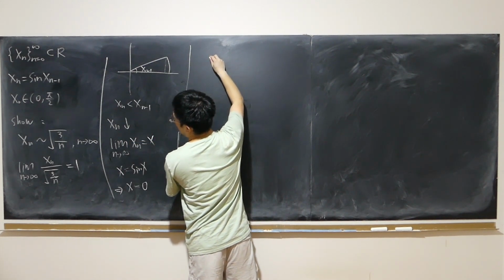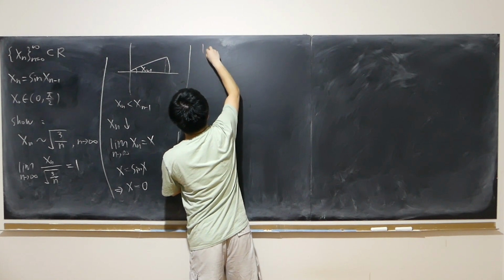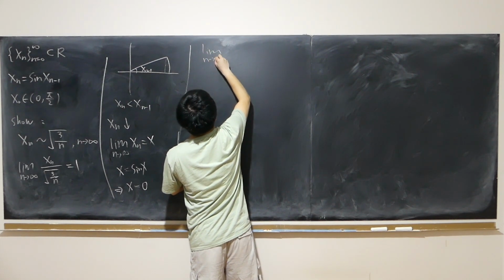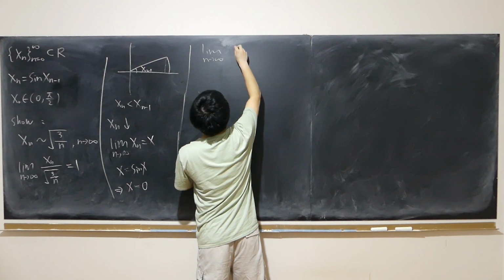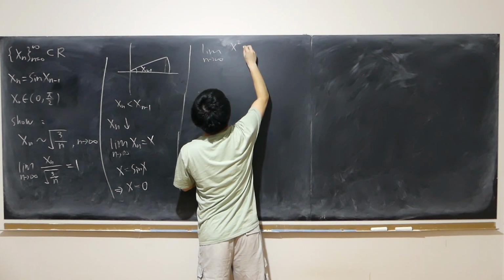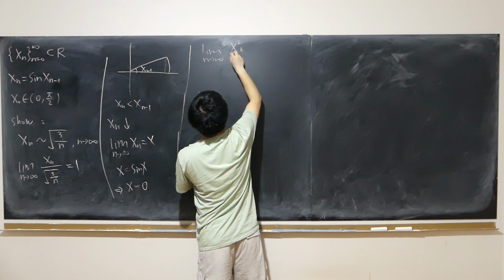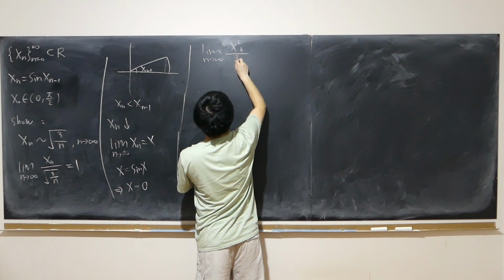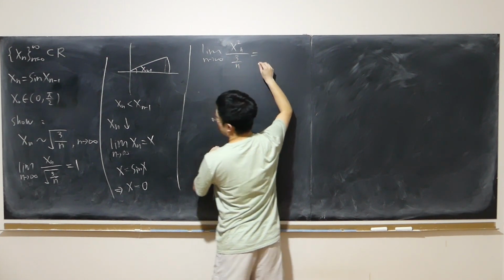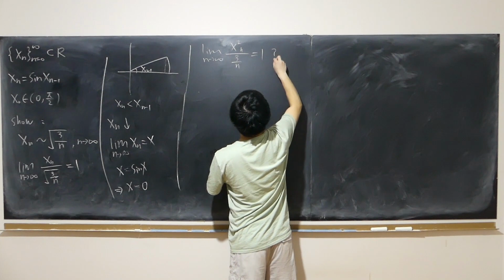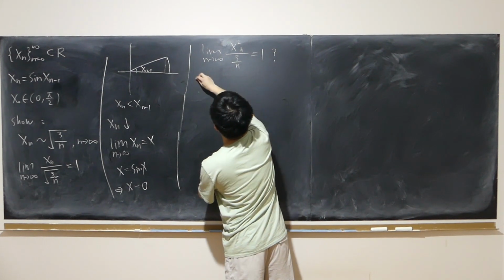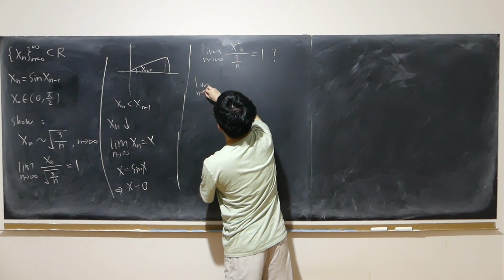So all we have to show is that the limit as n approaches infinity of x squared n over 3 over n is equal to 1. Is this true?